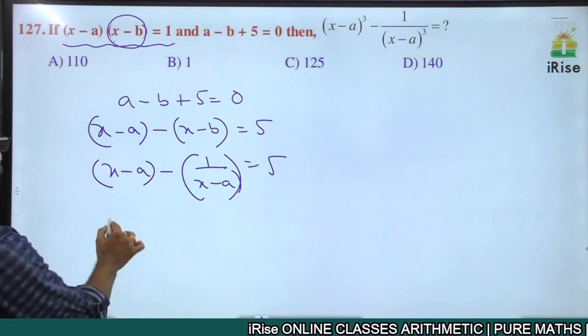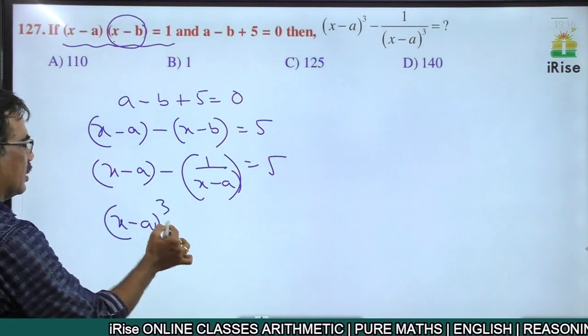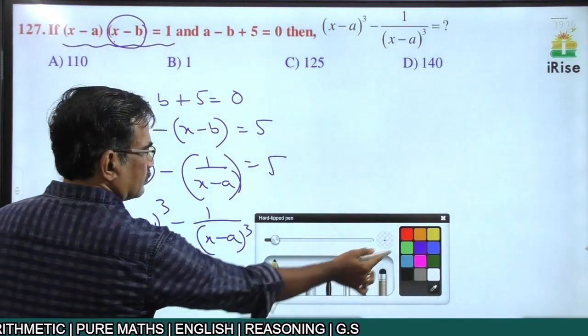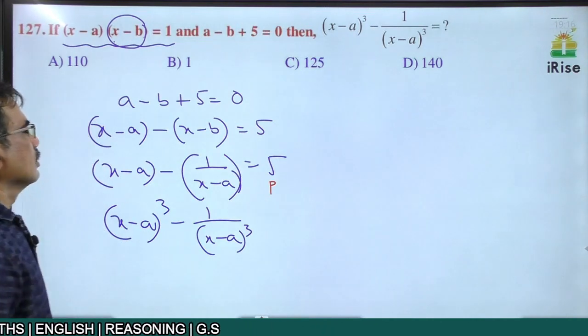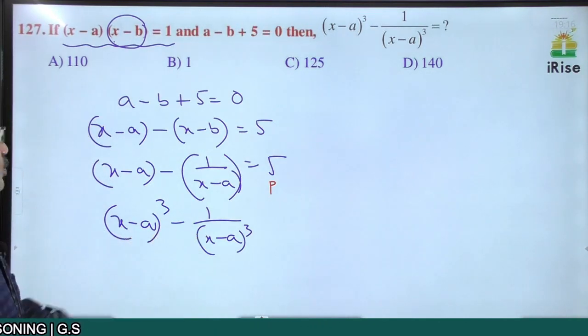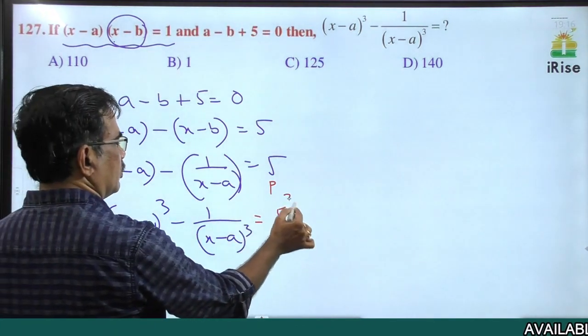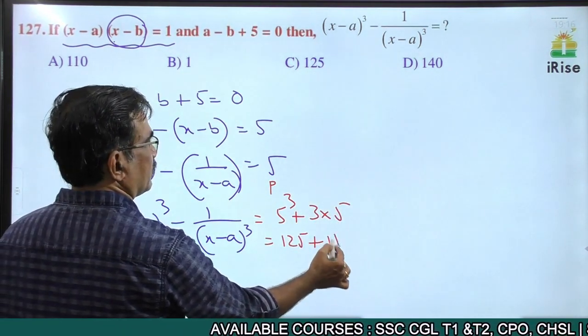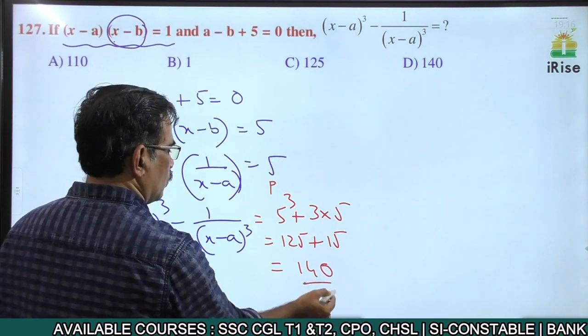Then what is (x minus a) whole cube minus 1 by (x minus a) whole cube? Consider this as p. P cube plus 3p. This is 125 plus 15. So the answer is 140.